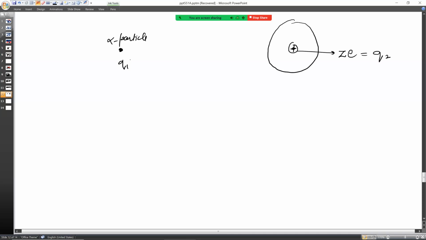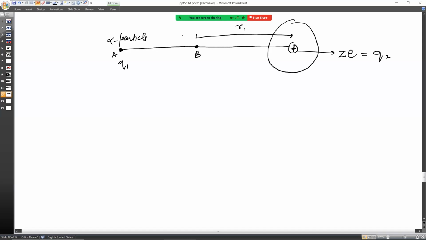Now this is moving towards this nucleus. Let this be point A and this a B point, and let the distance between them be R1. R1 is where this alpha particle will start experiencing the force, or we can consider it the closest approach.